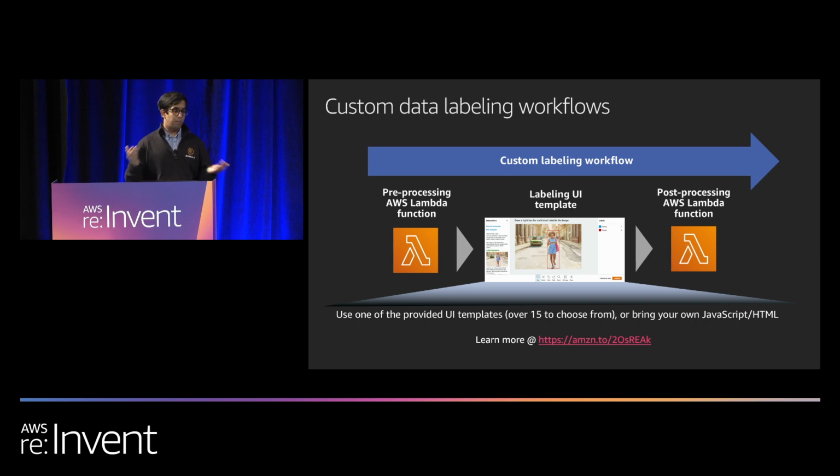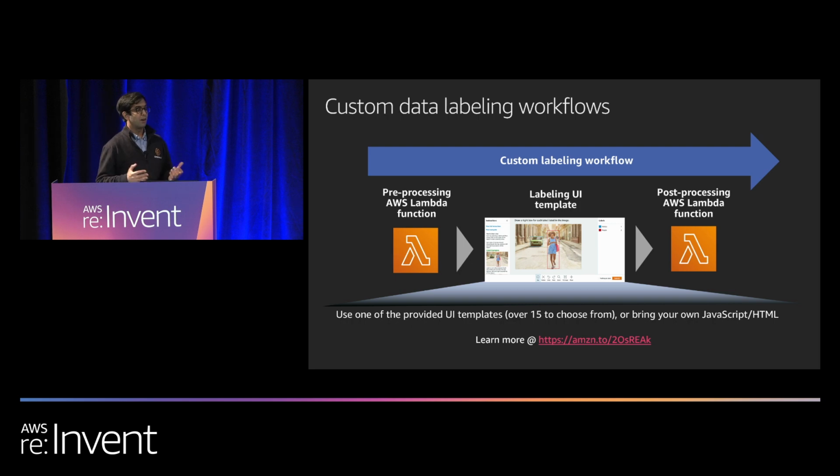Now, on opposite ends of the presentation of the UI to the worker, right, you can add pre- and post-processing logic. And the encapsulation there for that pre- and post-processing logic are these Lambda triggers that we have before rendering the task and after rendering the task, right?